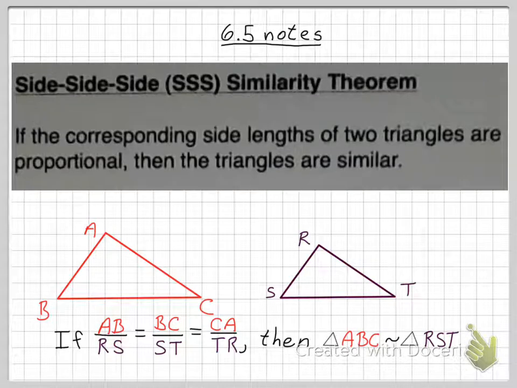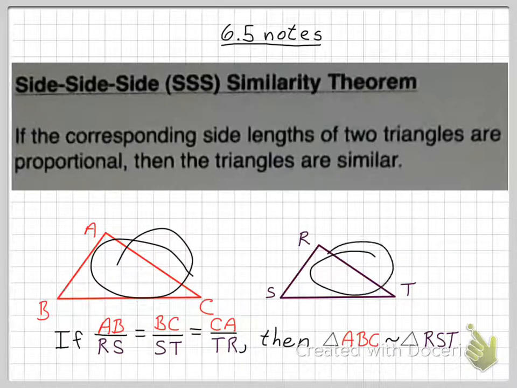What that means is if you have, for example, side AB proportional to side RS, and you have BC proportional to ST, and CA, this side here, proportional to TR.